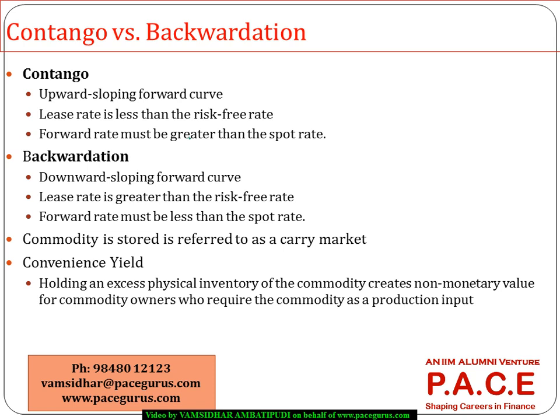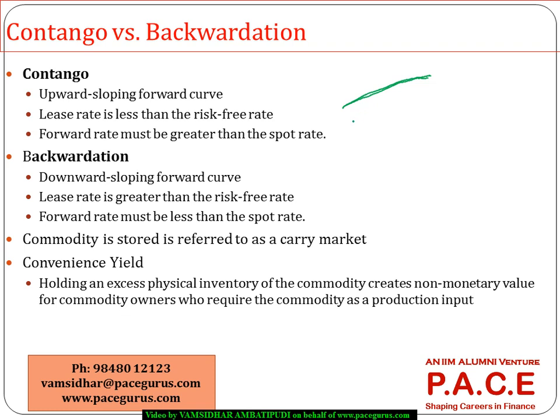We always talk about the commodity market in two terms: contango versus backwardation. Contango is a market where the future prices keep on increasing. Now when the future prices are increasing, who would take the gold on lease and sell it to someone?